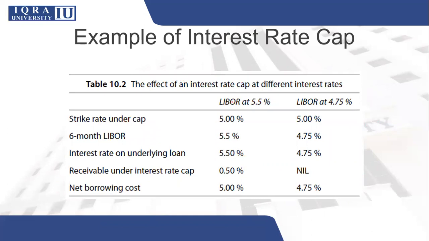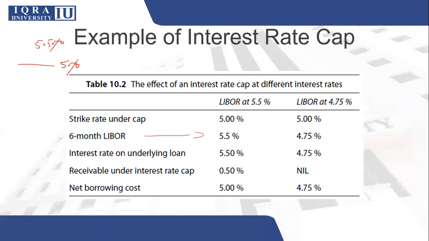Over here, they have given you LIBOR at 5.5% and LIBOR at 4.75%, and then they have shown you what is the impact. Remember, you have set a cap. Cap is the maximum amount that you have set. So the maximum you have set is 5%. Now, what happens if the LIBOR goes above this cap? It means the LIBOR is 5.5%.